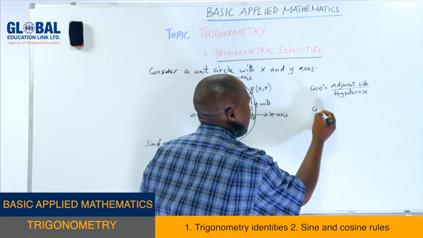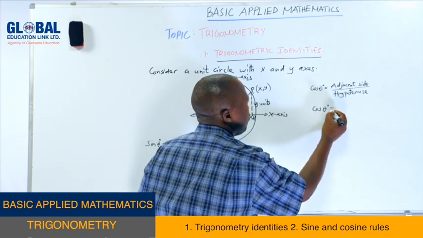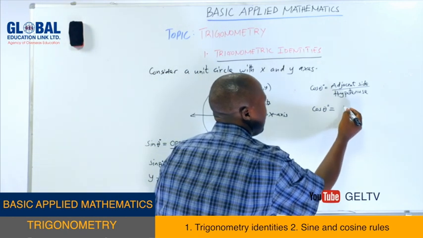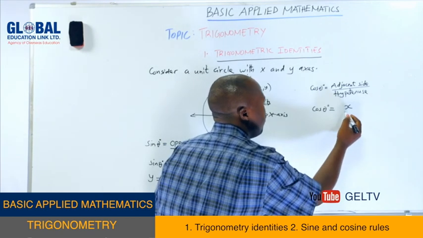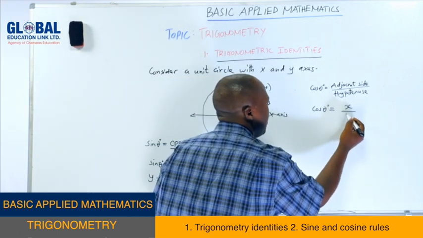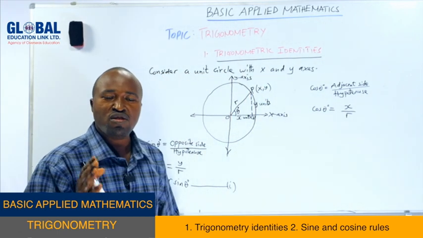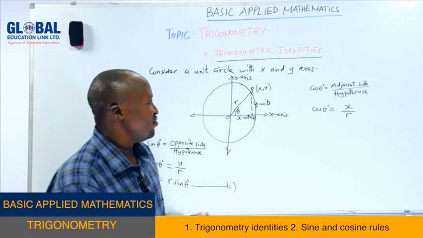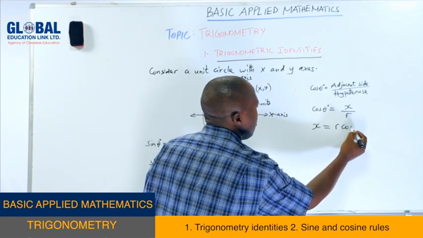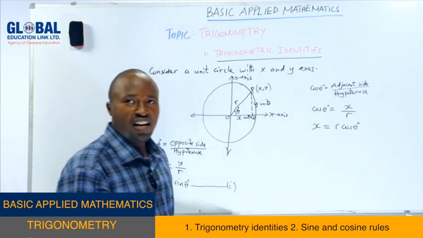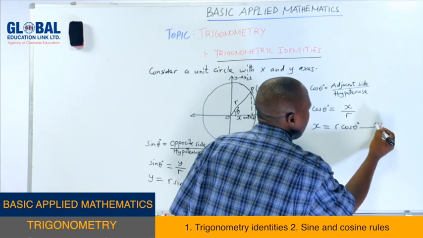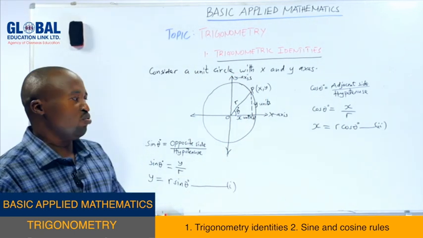Now, cos theta will be equal to our adjacent side, here we have x units, so we just write x, over our hypotenuse, that is r. Again, we make x the subject, that is x is equal to r cos theta. Now call that equation 2, because we have already created equation 1.